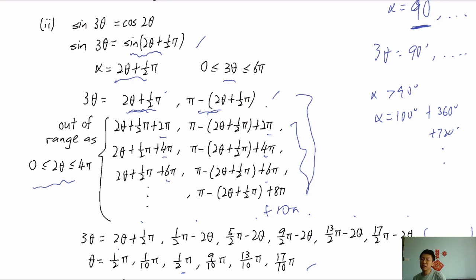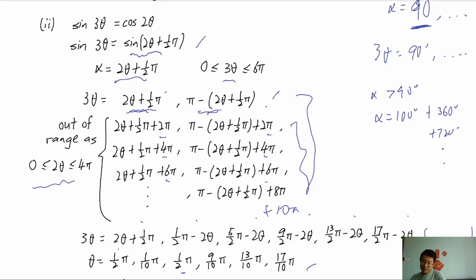It doesn't matter whether the basic angle is more than 90. For it to be easier and not to confuse ourselves, we just treat alpha as something acute. Then we just do the rest of the things from there.